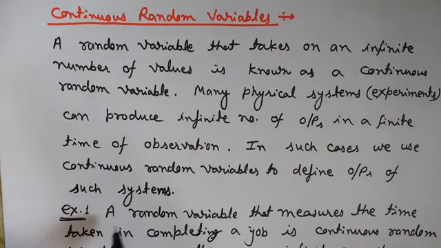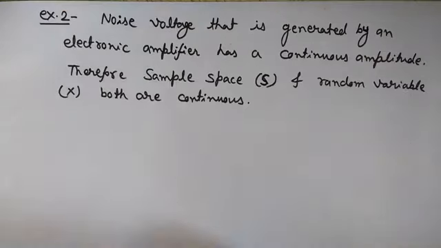So this has been given here. This job is a continuous random variable since there are infinite number of different times to finish that job. Another example can be the noise voltage generated by electronic amplifiers. As we know, electronic amplifiers generate noise signals, noise voltages, and it has continuous amplitude.